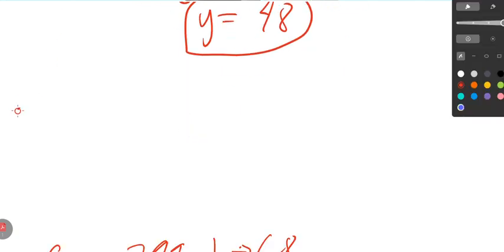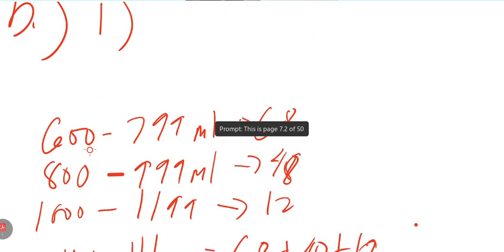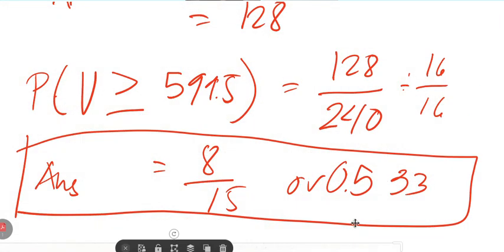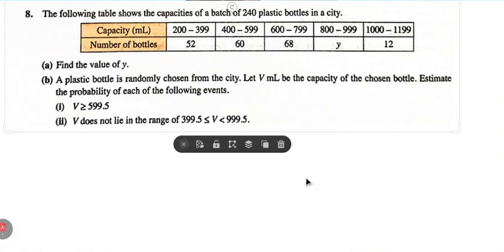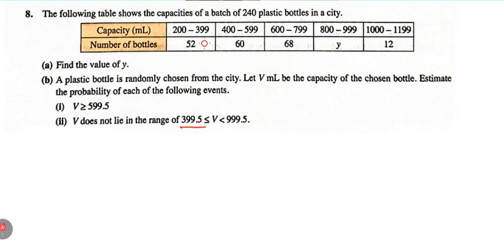For the second part of B, we find the bottles that do not lie in that range. Looking at the table, starting with 400 or 399.5, we have 52, and less than 999.5.